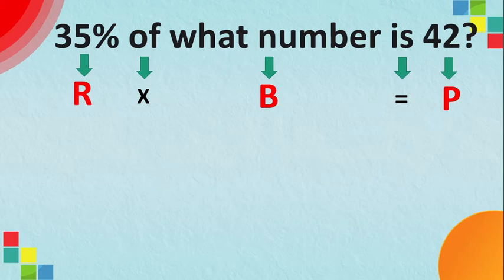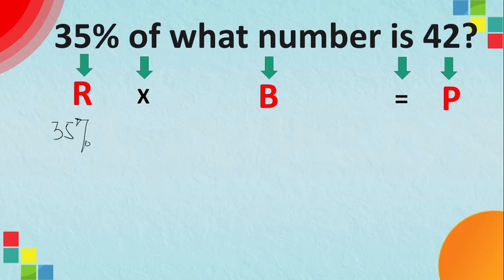Now let's write the equivalent value of each element. Rate is 35%. Since it is in that form, we can write it in decimal form.